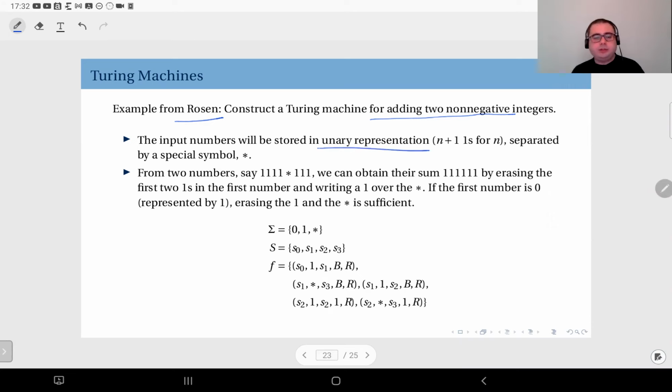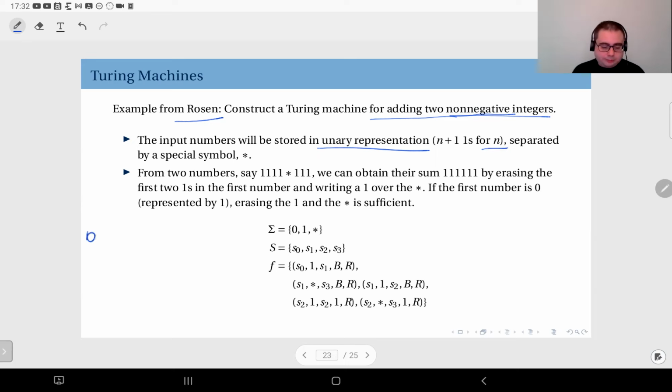That is the original formulation that the Turing machine was defined in. So we do not have binary representation using zeros and ones. We just have ones to represent numbers, and however many you have, that is your number. Or rather, since we are working with non-negative integers, 0 is going to be represented by a 1, and the number n is going to be represented by n plus 1 ones.